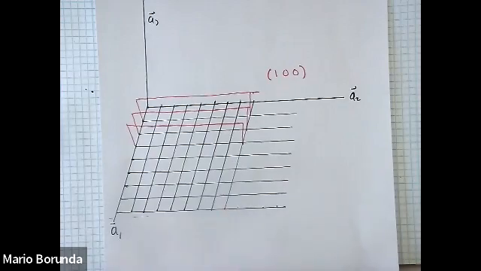So now, if we look at this guy, this is 1, 0, 0. What would be the distance? Did I write the formula for the distance? Dang, I didn't write the formula for the distance. All right.